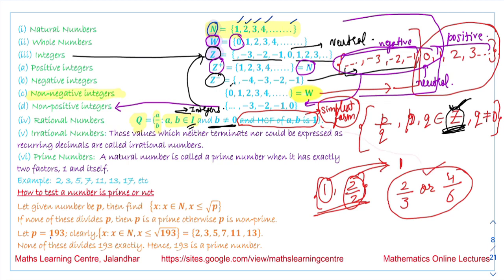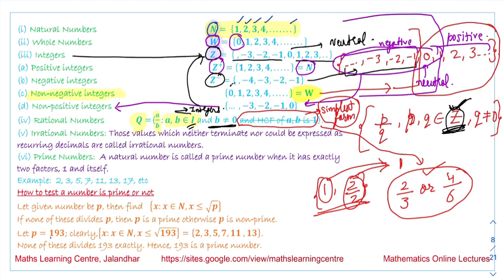That is why it is mentioned that HCF of a and b is 1, that is, the number should be in the simplest form. Then all these numbers will be different. That collection is called the set of rational numbers.